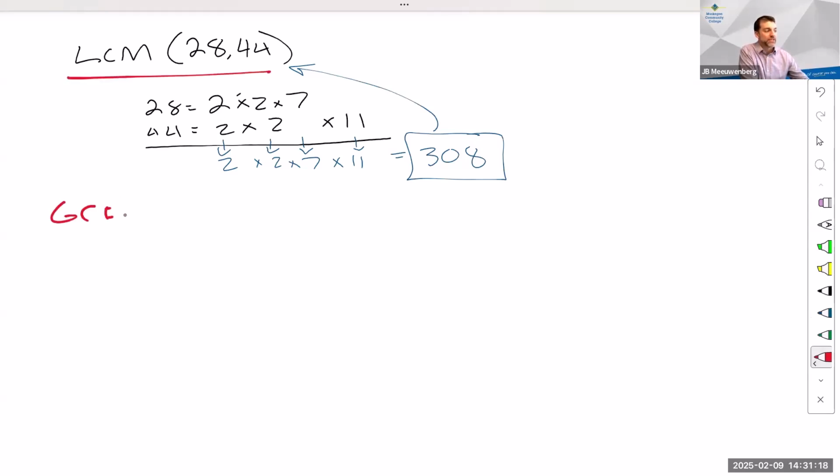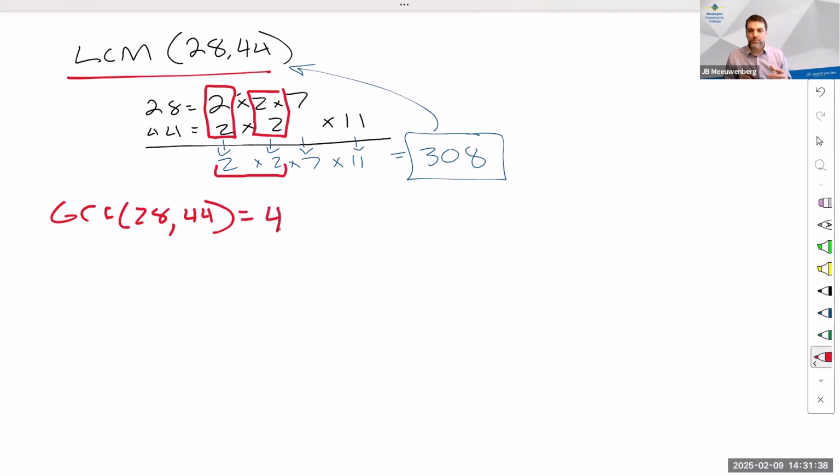Going back to the previous video, you can look up here in this same grouping and find that, because it's going to be the numbers that they both had in common, a pair of 2s. 2 times 2 is 4.